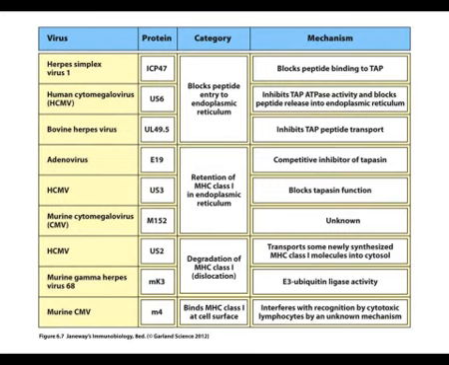But I do think it's worth pointing out that none of these viruses target MHC. It's all these other proteins that are non-polymorphic, right? Because MHC is very polymorphic between individuals. There's lots of different alleles. So it'd be very hard for a virus to target an MHC specifically because it'd be such a small group of individuals that would be affected by that.